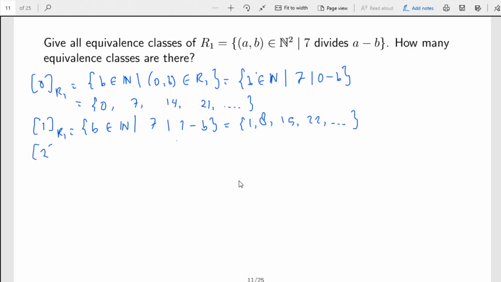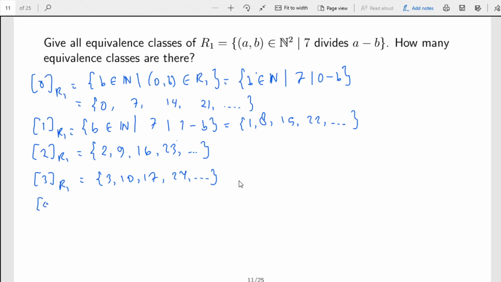Similarly with 2, you have 2, 9, 16, 23, and so on. The equivalence class of 3 is 3, 10, 17, 24, and so on. The equivalence class of 4 is 4, 11, 18, 25, and so on.